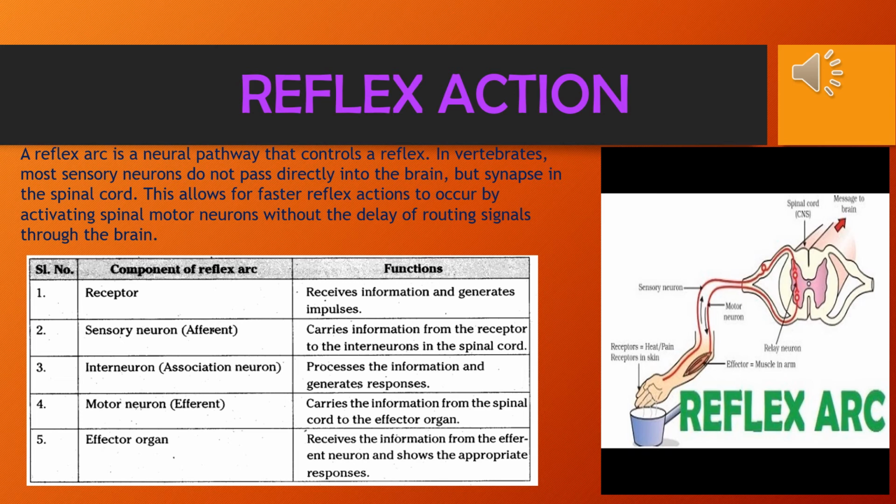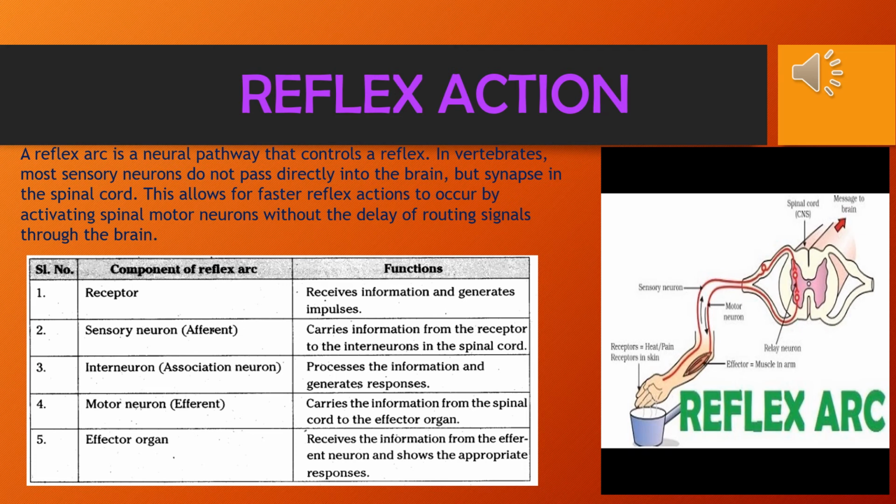First one is receptor. See the example in the diagram, the receptor is in your hand palm. Receptors are there, already I have discussed. They receive information and generate impulses. Impulses means like waves. Now second one, sensory neuron or afferent neuron carries information from the receptor to the interneurons in the spinal cord.